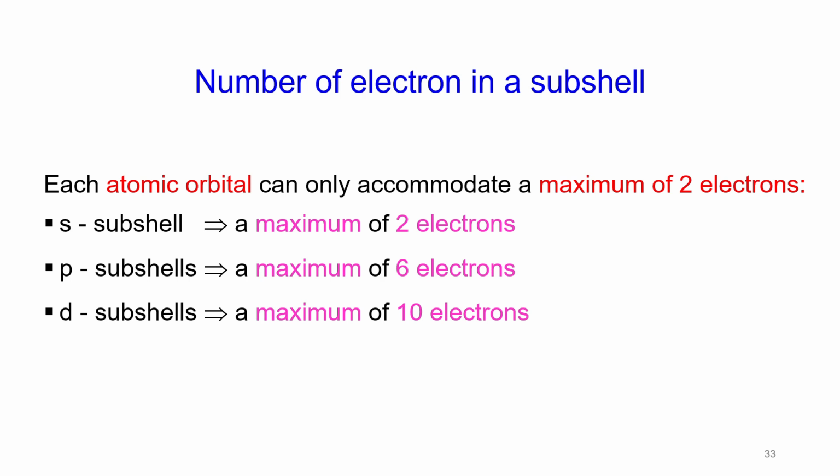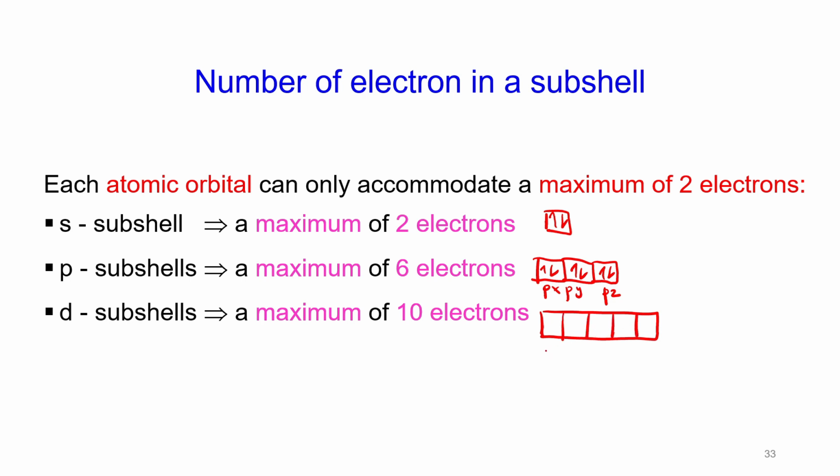Macam mana kita dapat 5 ni? Okay. Yang ni tadi Px, this is Py, this is Pz. Okay, Px, Py, Pz. Okay, kalau S satu saja, jadi kat sini boleh masuk 2 aja. Okay, this one 2, 4, 6. Okay, kalau yang ini 5, 1, 2, 3, 4, 5.